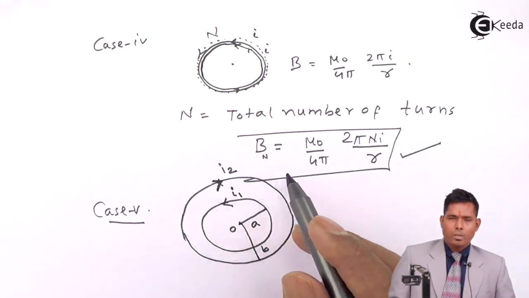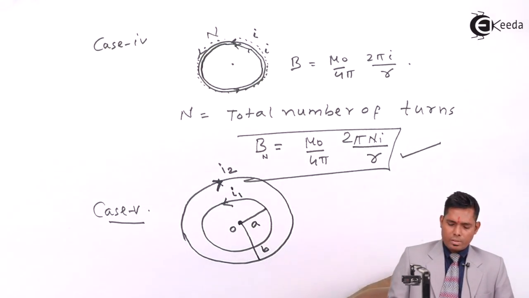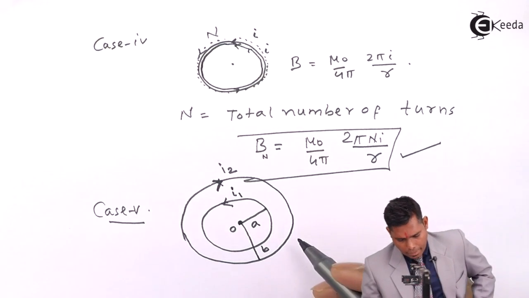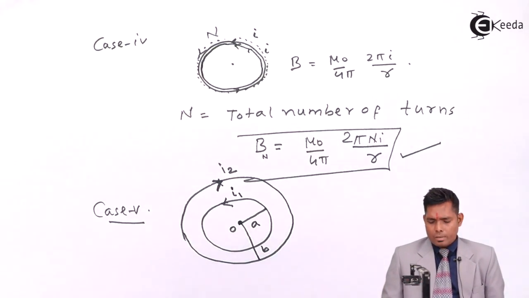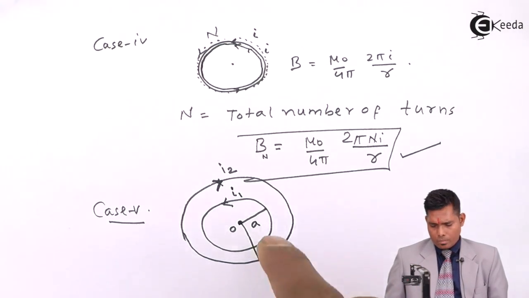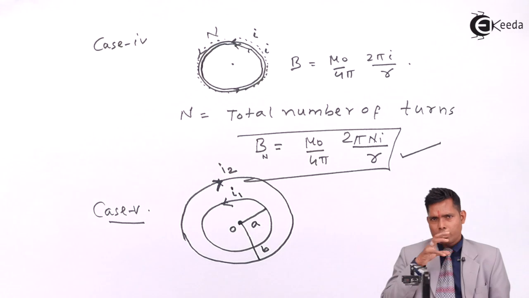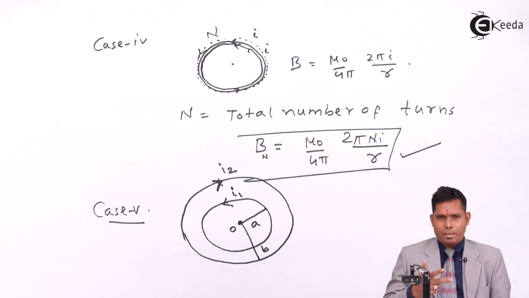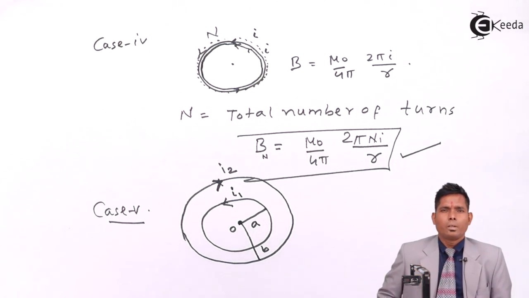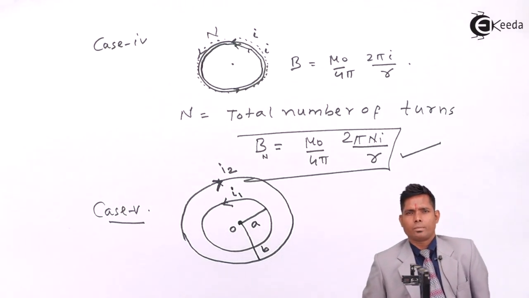One is anti-clockwise, the other one is clockwise. Then if I ask you what is the magnetic induction at the center of this coil, obviously the contributions are individual. You have the contribution due to the first coil at the center and the contribution due to the second coil at the center. You have to add them, but this addition should be vector addition, because B is a vector.